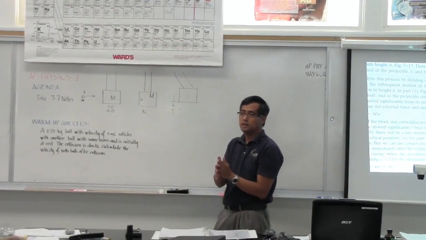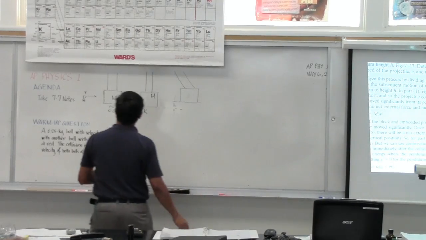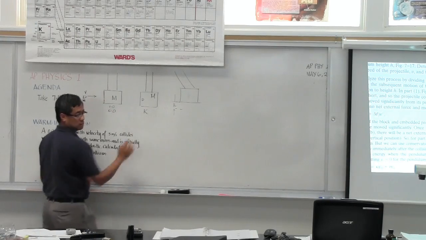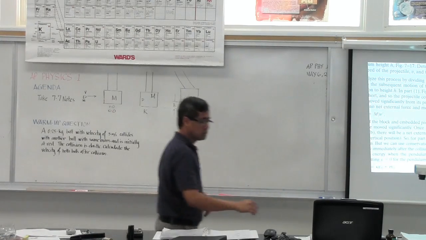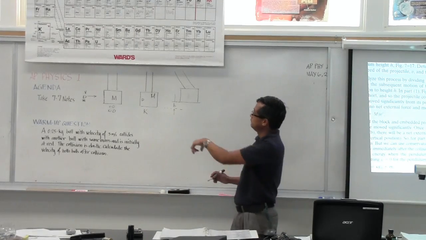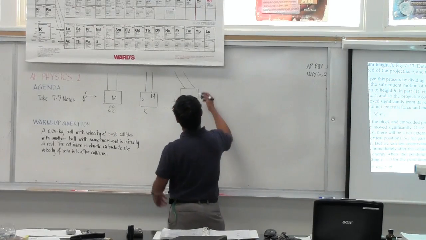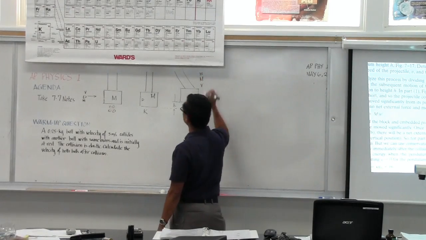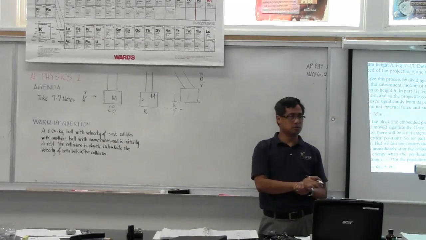So far, you're okay? All right, so we will now try to determine what is H. But how are we going to do it? Remember, the variables that we can use are m, big M, and V. Those are the only variables that we can use.